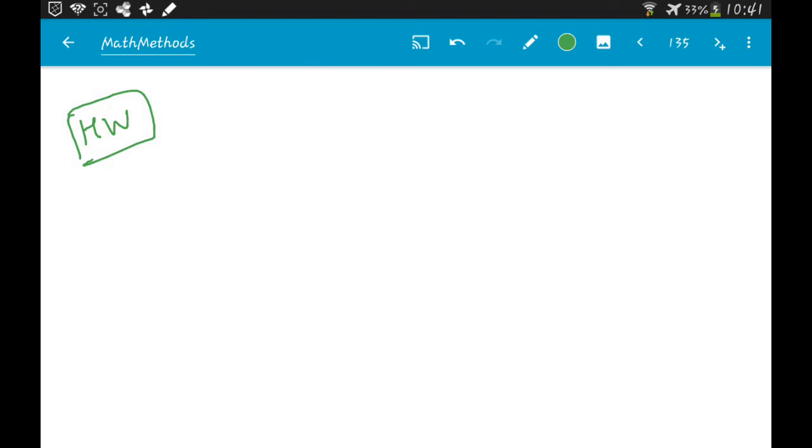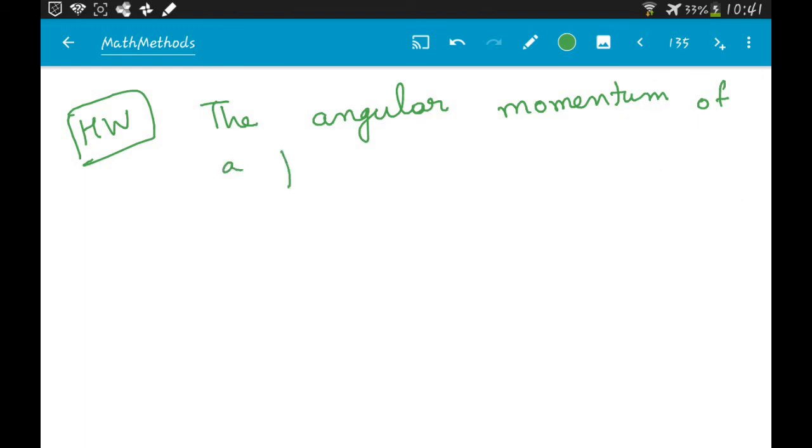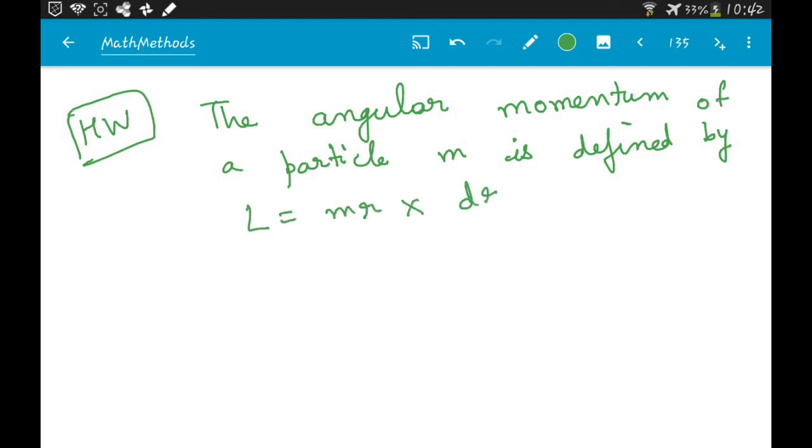And the fifth problem is the angular momentum. These are all very small problems. You may think this is too much, but they are actually very small. The angular momentum of a particle of mass m is defined by L equals m r cross dr by dt.